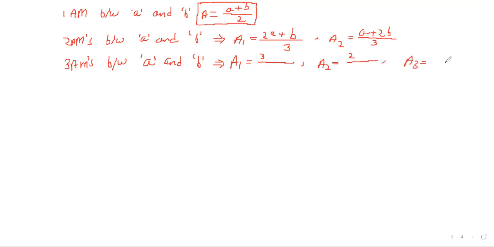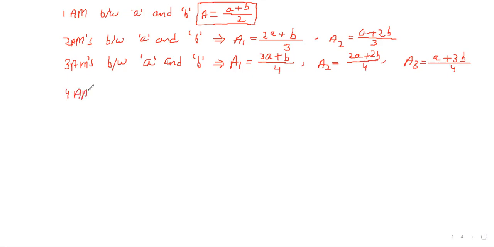A3 will start with 1 less than 2, that is A. So 3A, 2A, and 1 is not required, so only A. Coefficient of A is 1 and coefficient of B increases 1 by 1: B, then 2B, then 3B. And the sum of coefficients is 3 plus 1, 4; 2 plus 2, 4.